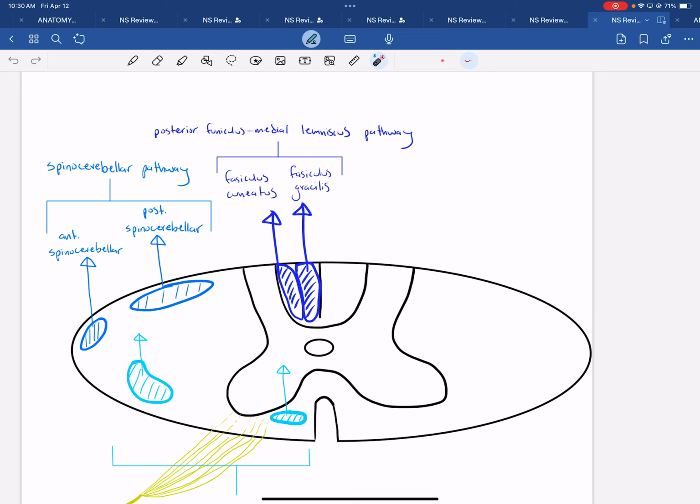Okay, which pathways do you have to know, Austin? Specifically? Ascending only? We don't have to know most of them.